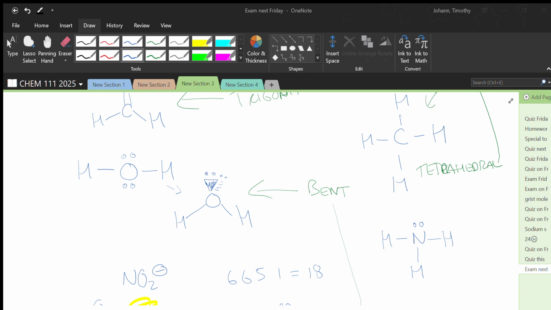You see what ammonia looks like here? Tell me, why do these hydrogens go down? Why aren't they just straight out? Yeah, because there are 2 electrons right here pushing them down. What does that sort of look like? It kind of looks like a trigonal pyramid, a flat squashed down pyramid.